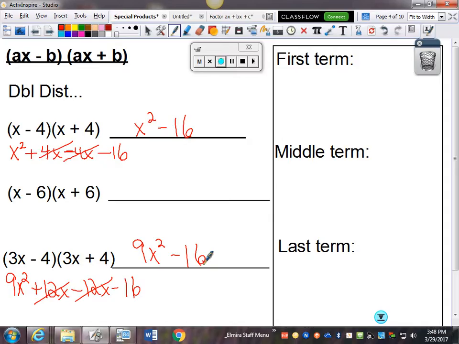And I would say difference of perfect squares, doing this sort of double distribute and particularly factoring, this comes up a lot more. So the first term, again, square the first term of each binomial.